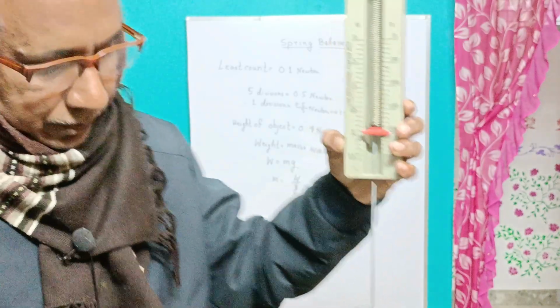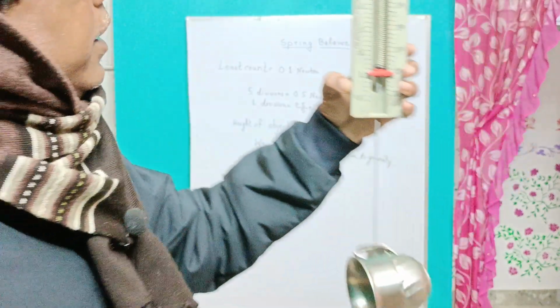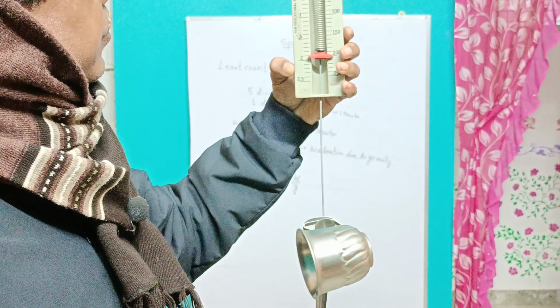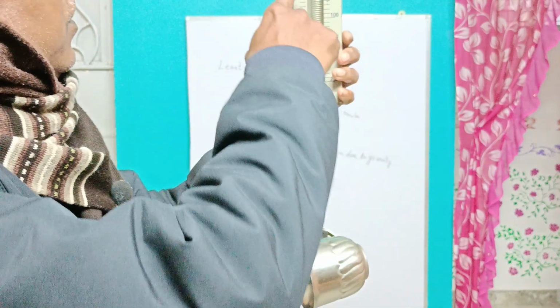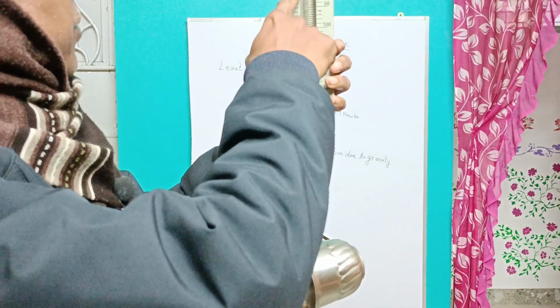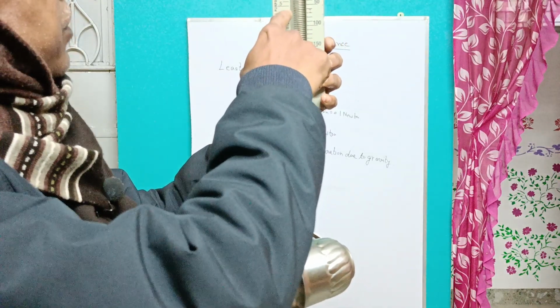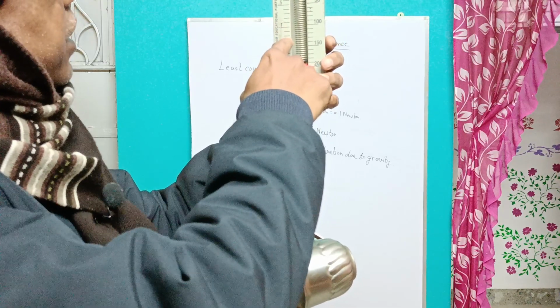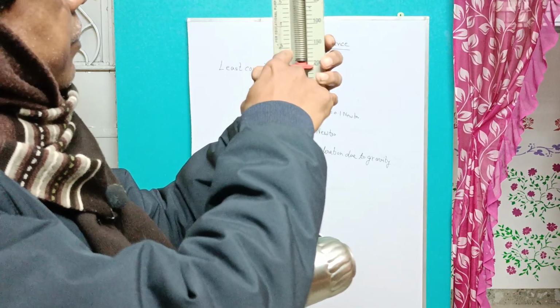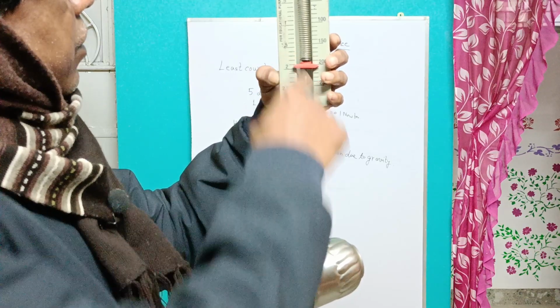Here you can see the reading, right? Here you see one division is 0.1, that is 0.5, 0.6, 0.7, 0.8, 0.9, 1, 1.1, 1.2, 1.3, 1.4, 1.5, 1.6, 1.7, 1.8, 1.9.